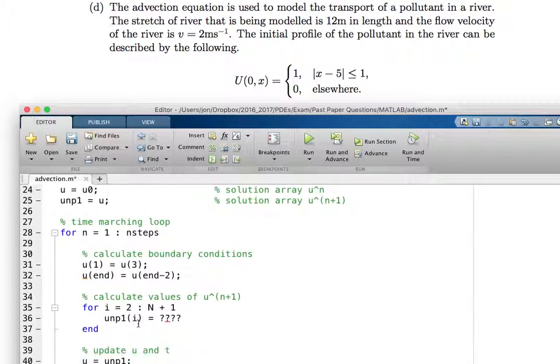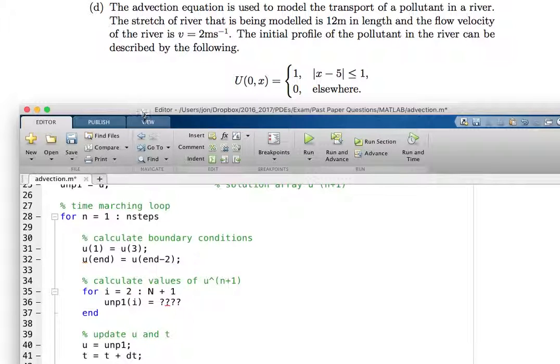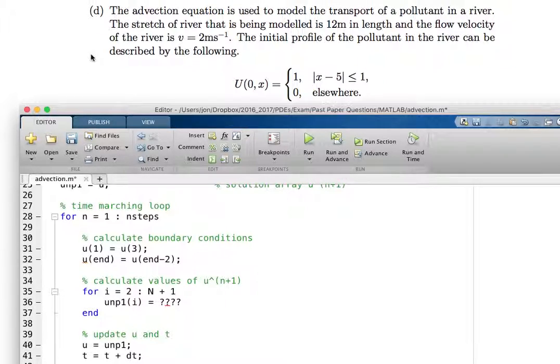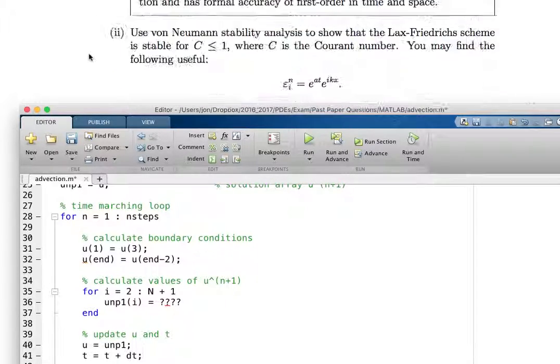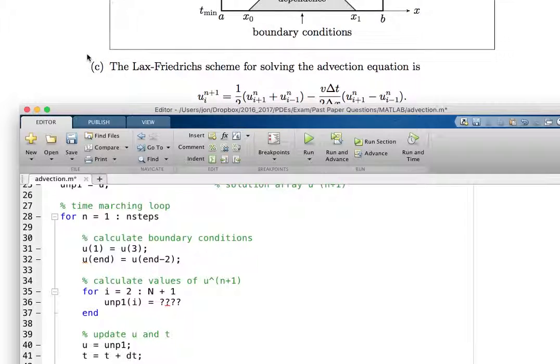We scroll down. The next thing we have to change is to actually calculate the scheme. If I scroll up to the Lax-Friedrichs method, here we are.